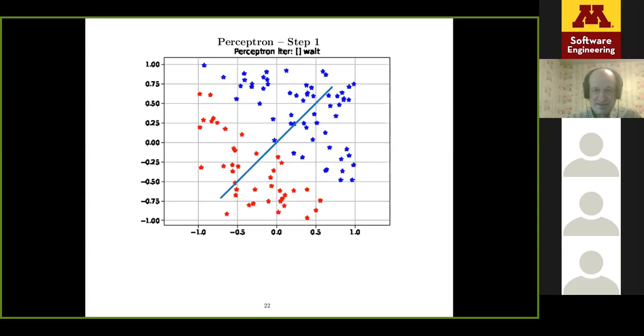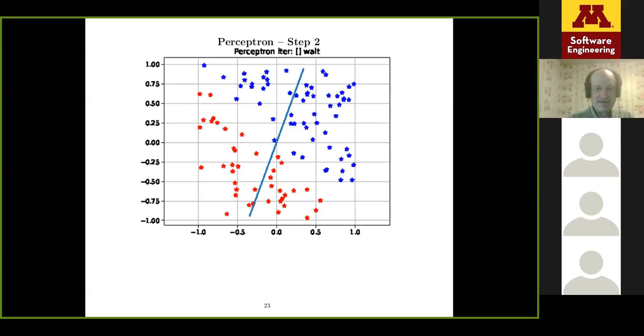So to see how this works in practice, you start with a random W, which goes to the origin in this case. And obviously, this is not the right W because you have blue points on both sides of the line and red points on both sides of the line. The slope of this is what is represented by this vector W. And you can go through the first step.